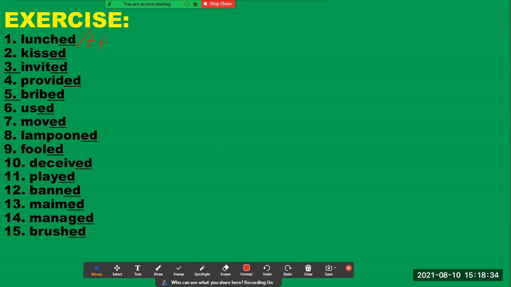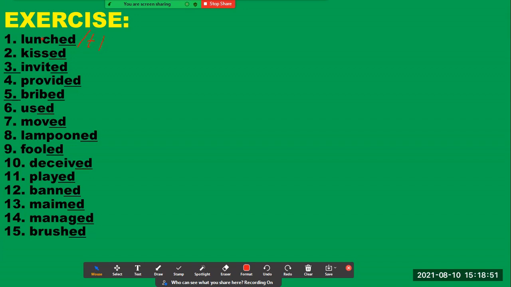Can you explain the reason for this answer? Launched. Why is it launched and not launched or launched? Why is it T? Now, the explanation is simple. It is according to the first rule we discussed.